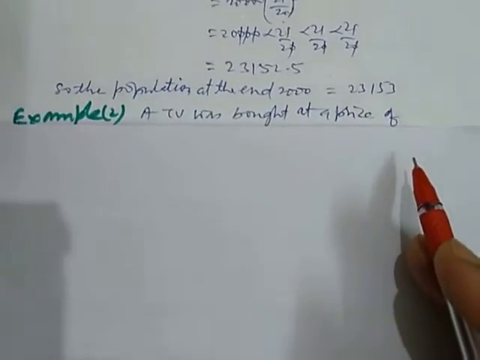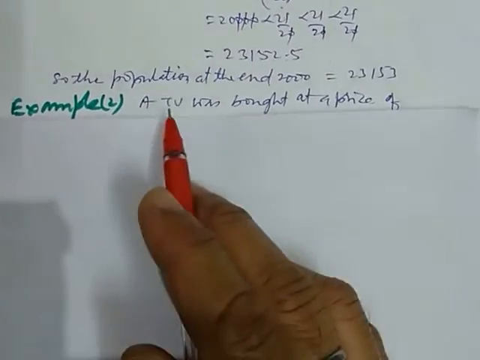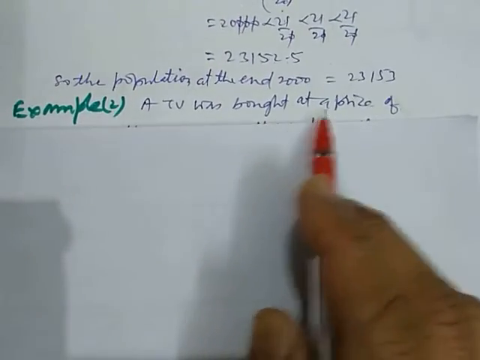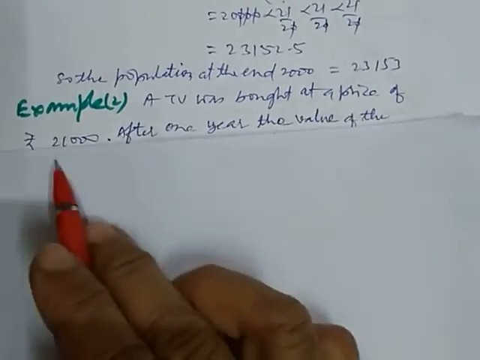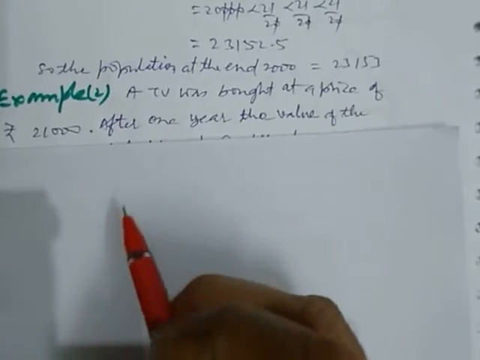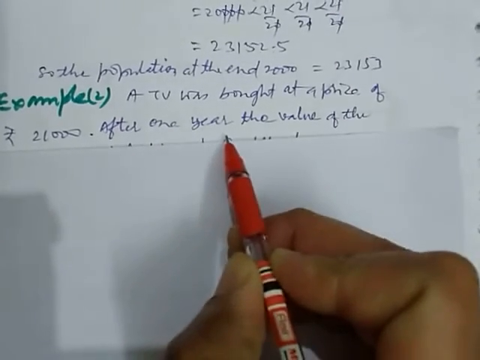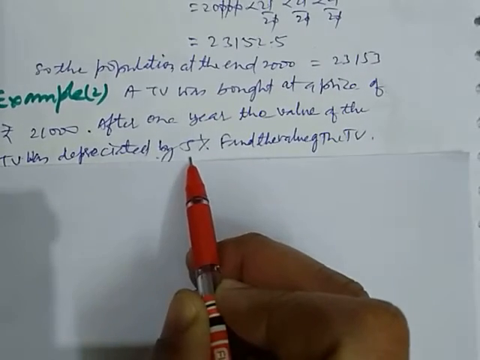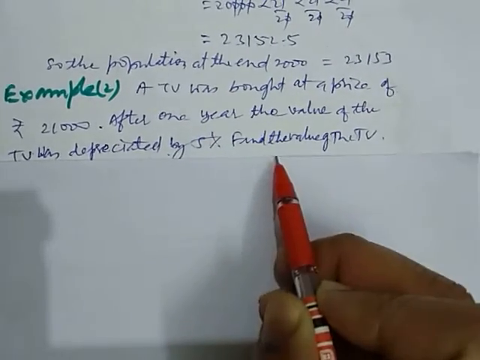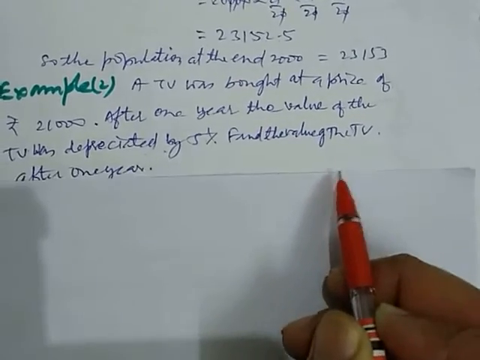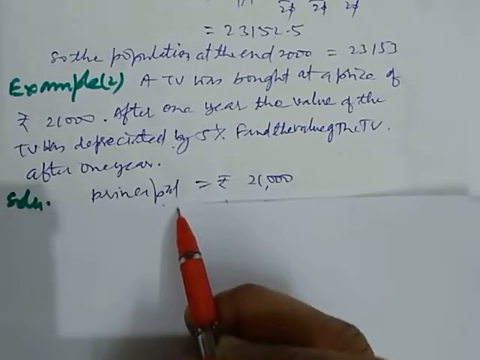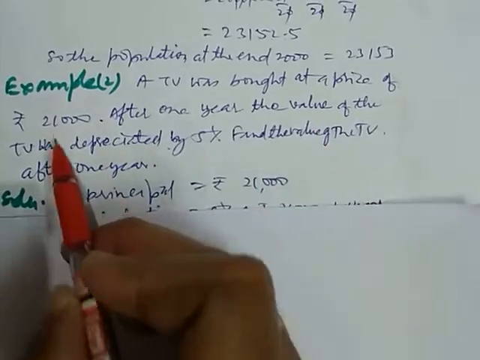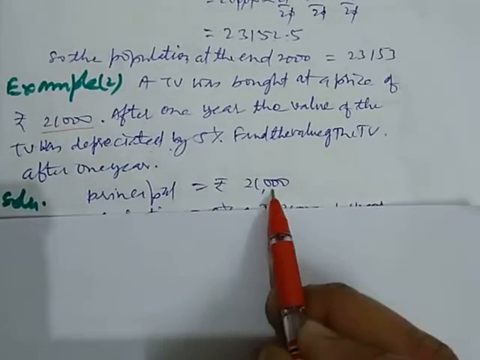Now we take one more example. A TV was bought at a price of rupees 21,000. After 1 year, the value of the TV was depreciated by 5%. Find the value of the TV after 1 year. Here, this 21,000 is the principal amount.